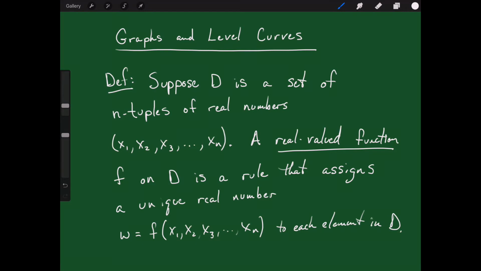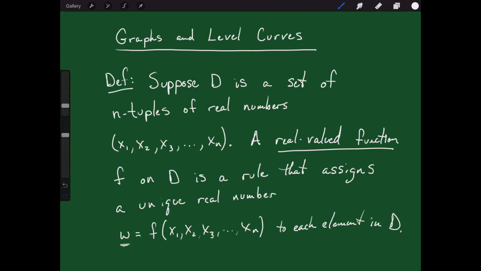Okay, so a real valued function is some rule, and we're used to this because we're used to functions in one variable, is it takes in an ordered n-tuple and it spits out a number, just like w, whatever w is.